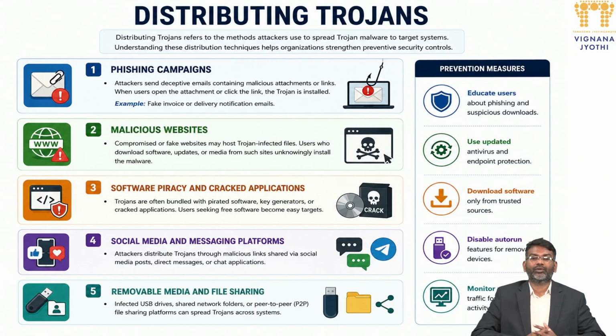Next, distributing Trojans. The normal Trojan is very different from the distributing Trojan. These Trojans are used to spread malware on the target systems. In my network, we have thousands of terminals.